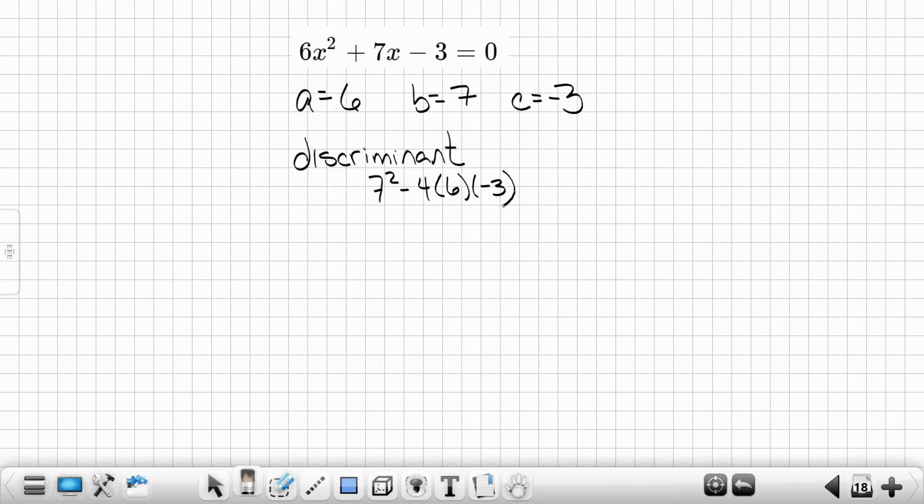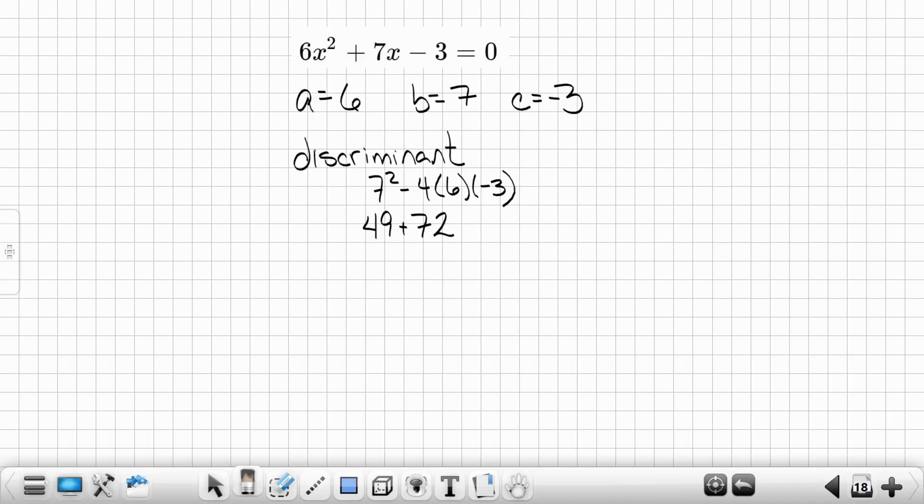All right. So, are we okay with using the discriminant? Okay, what's 7 squared? Easy stuff. 49. What's 4 times 6 times 3? That's going to be plus 72, right? That's a positive number, okay? But we're going to keep going because we need to solve it out.